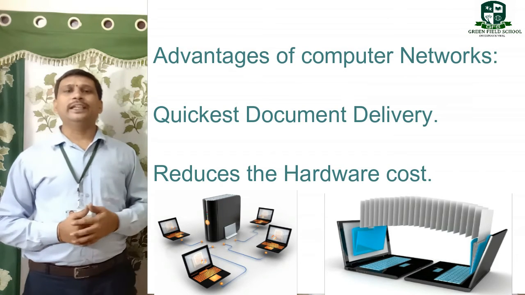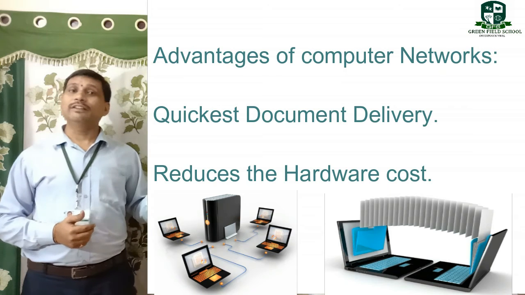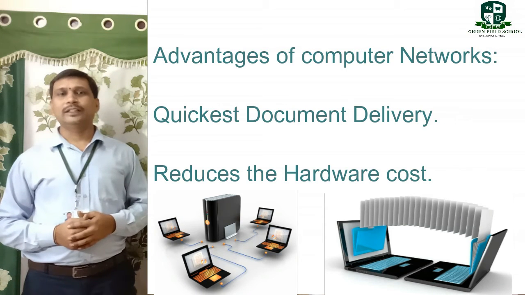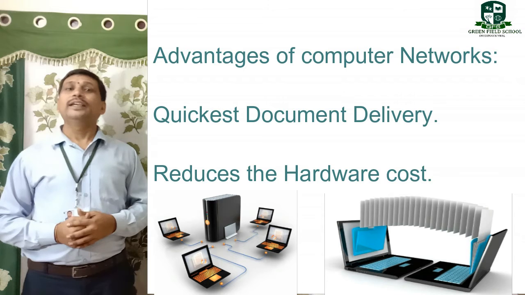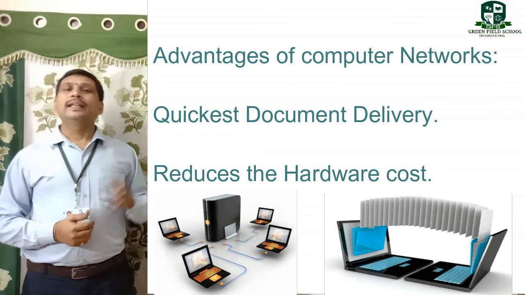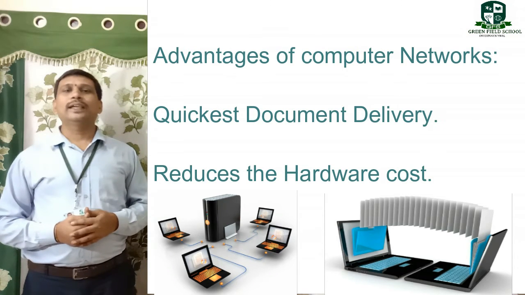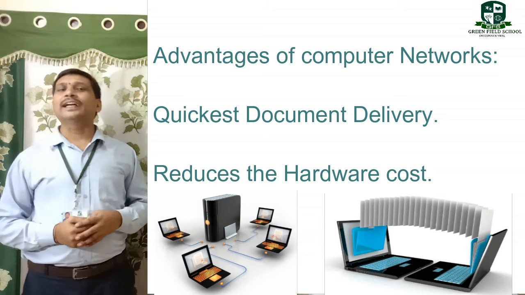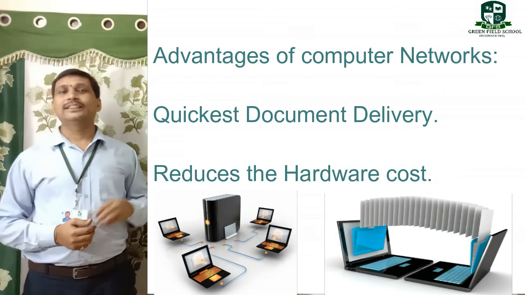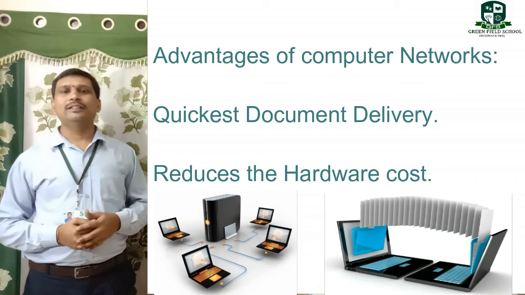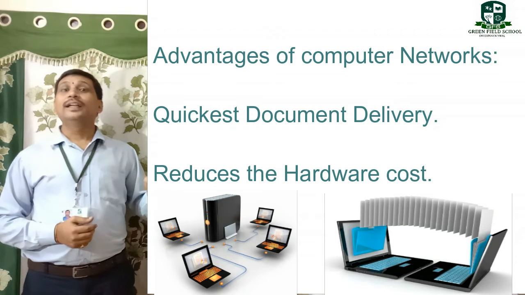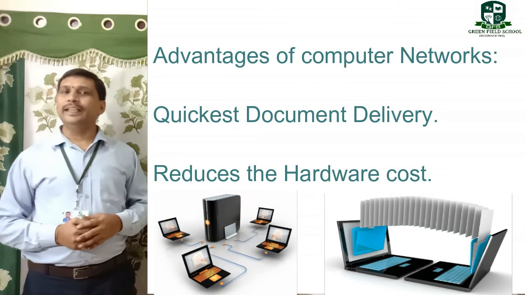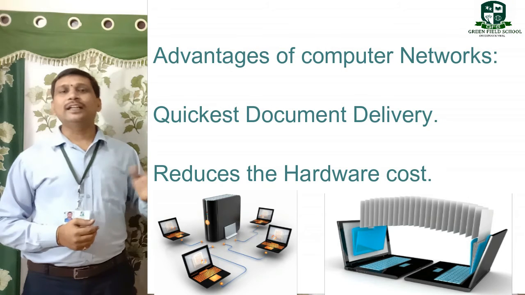Okay, we reduce the hardware cost. That is one more advantage here. Why? Here printer, scanner, modems, all these are connected to a designated centralized server, one system. Remaining systems are not connected to any scanner or printer.